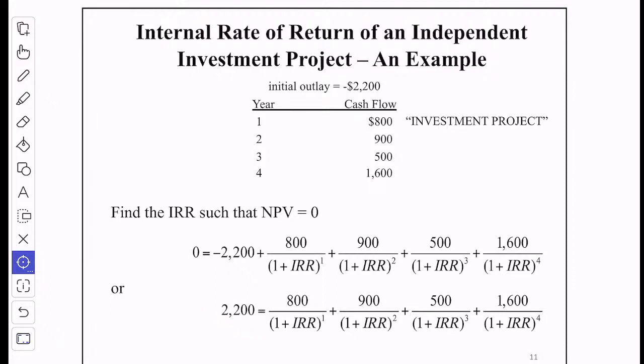But anyway, in either case, what you see here by writing it is that these future cash flows are reduced as the internal rate of return increases, right? So as the discount rate goes up, the denominator goes up, but the overall value goes down.